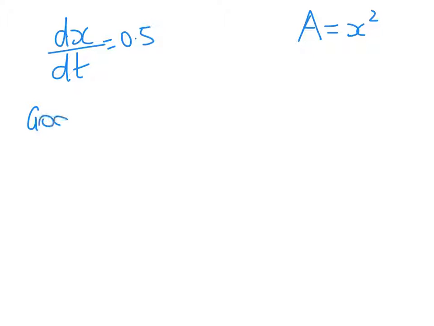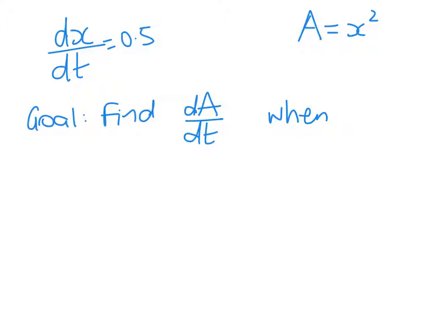Okay, so we've got dx by dt is 0.5. We know that A is equal to x squared. And our goal is to find dA by dt when they've been going 20 metres, so when x equals 20. Now we think about the chain rule and what we've already got.